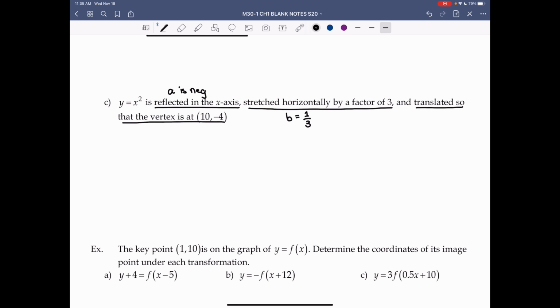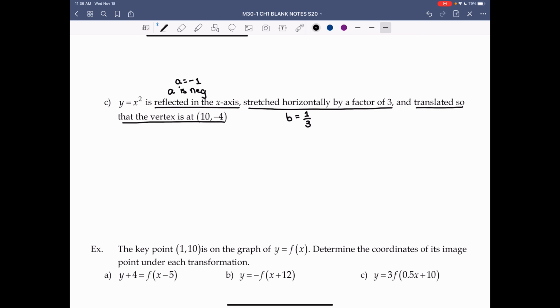Doesn't tell us what h and k equal, but we know that there is a translation. Since there is no vertical stretch factor, a is negative, so a equals negative 1. Then to figure out our translation or translations, could have a vertical and a horizontal translation.